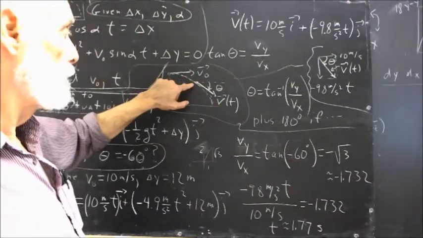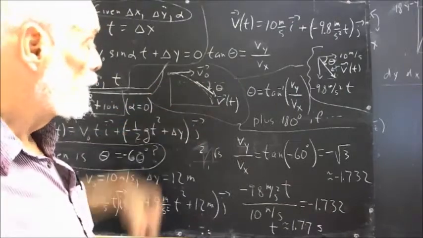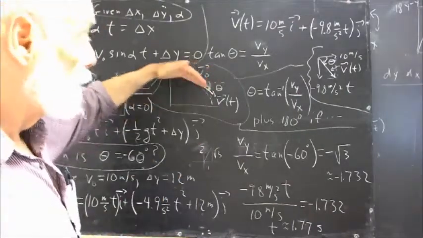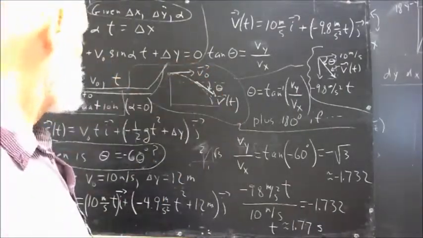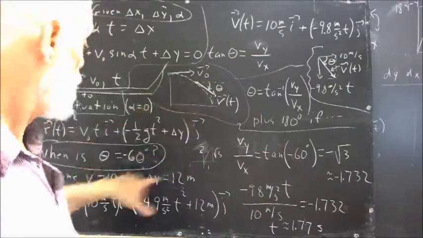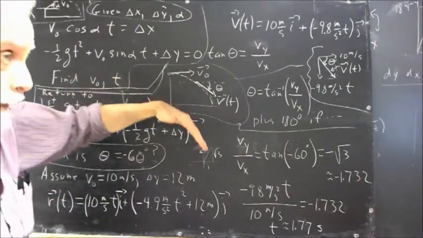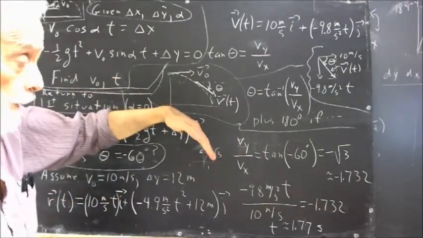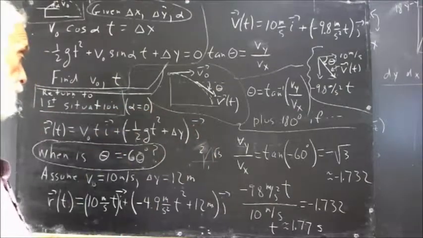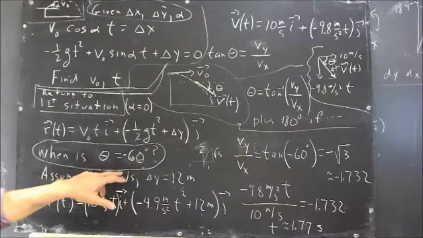The velocity vector is going to be at some angle theta with respect to the positive x-axis. So we're simply asking, when is that angle negative 60 degrees, which means the projectile is going along here? When does it hit negative 60 degrees? Let's say that's the angle right there. It's a pretty steep angle.